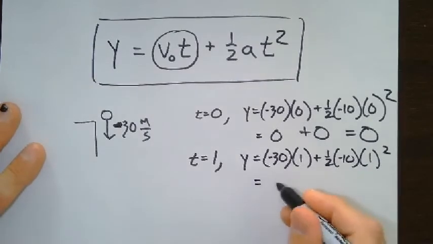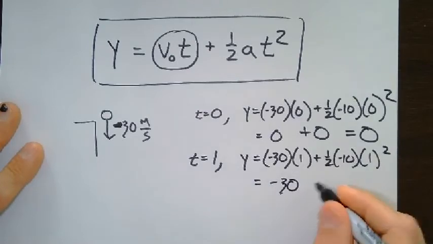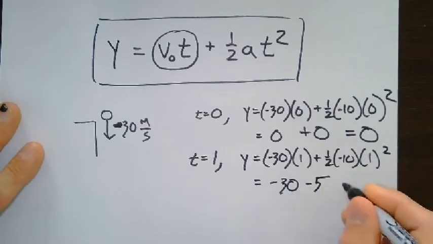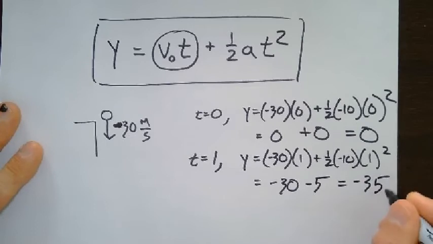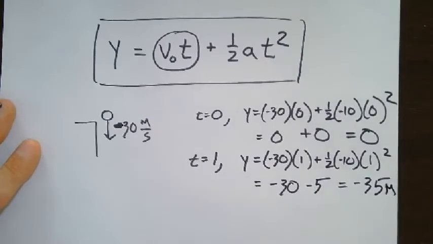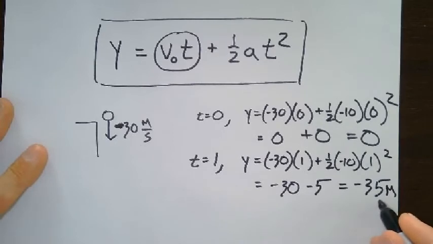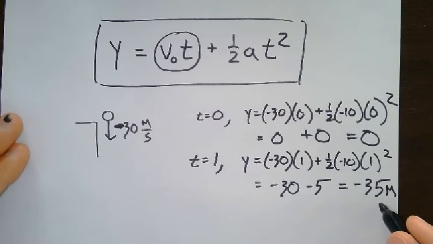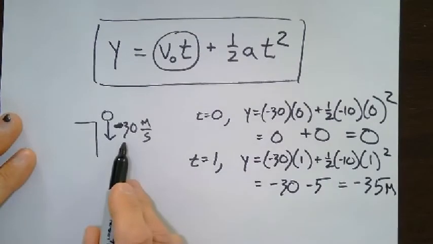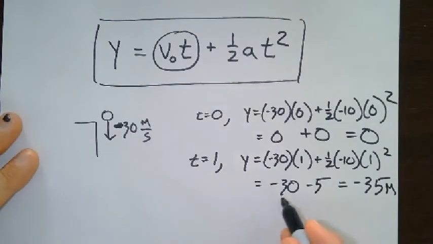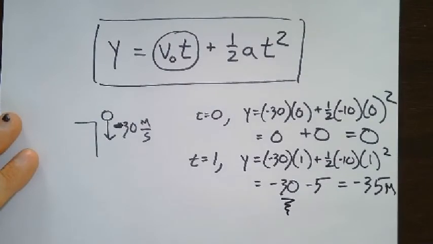And so what you get here is negative 30 minus 5. Of course, that's negative 35 meters. Remember when we did this example before? Remember that was only 5 meters before, right? After 1 second, the ball only traveled 5 meters in the first example. But now we've given it a very fast downwards velocity, and so we have to add this term on. And so that's how this works.